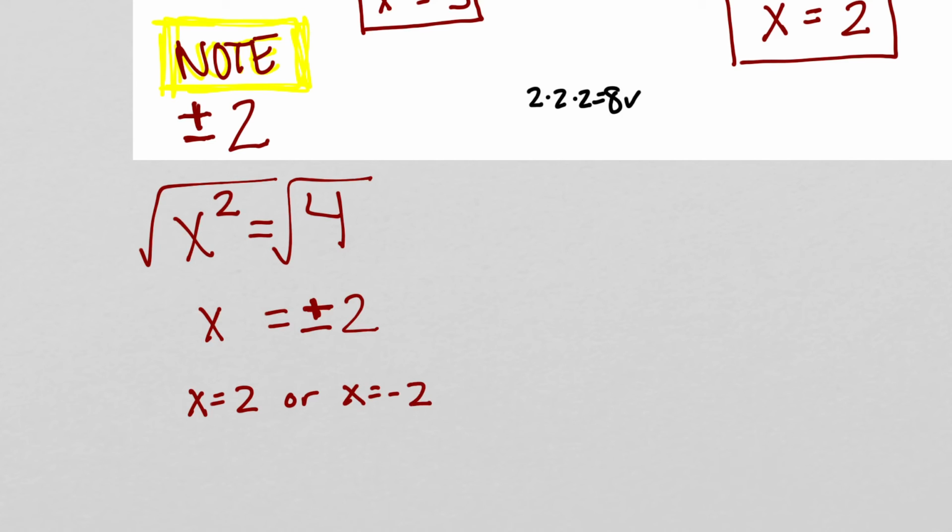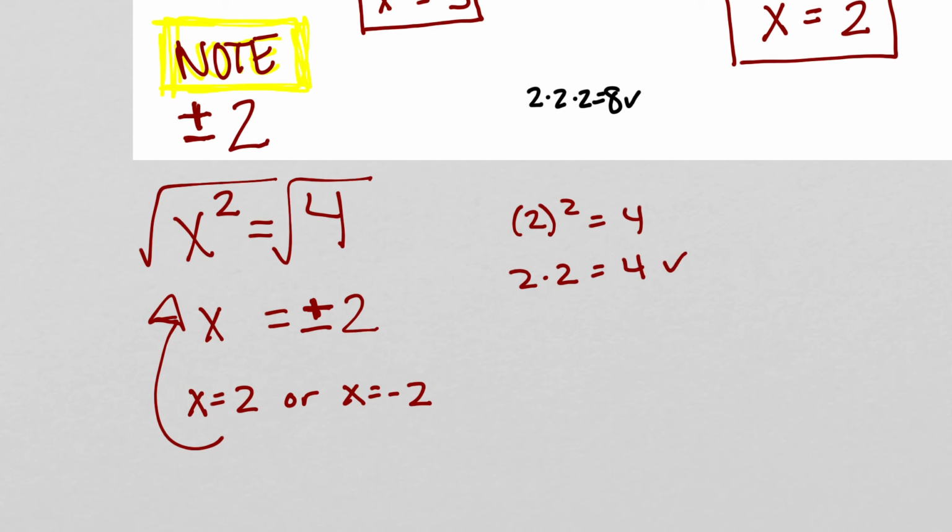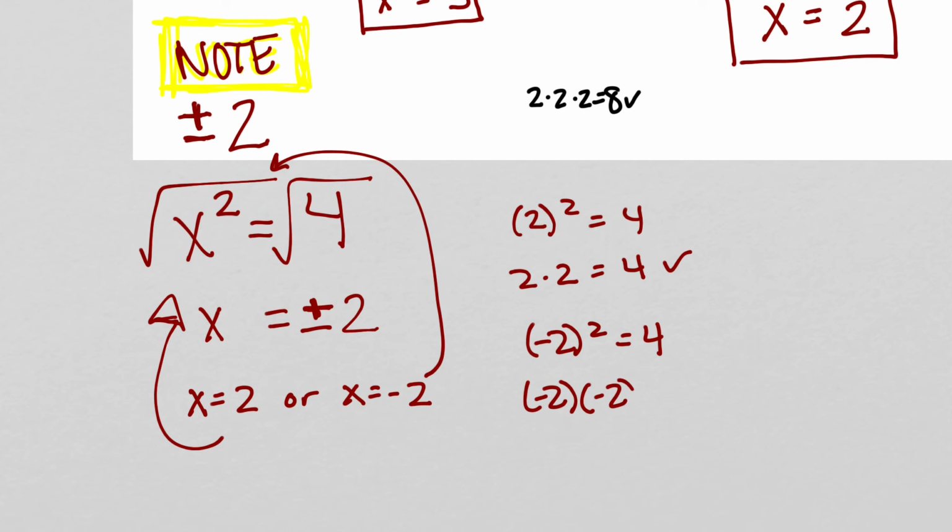Let's see if that's true. Let's plug our answers back into the original. If I had x squared, that means I'd have 2 squared equals 4. That's the same as 2 times 2 equals 4. That's true. But now what if I plug in my negative 2? If I have negative 2 squared, does that also equal 4? Negative 2 times negative 2 does indeed equal 4.